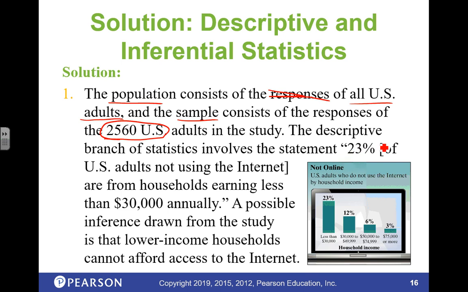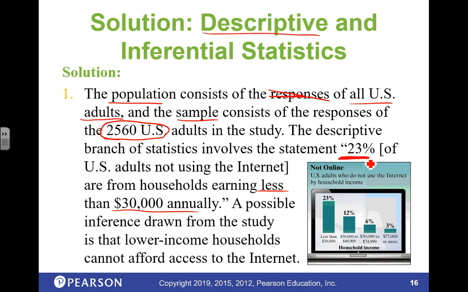So the part of this that is descriptive is when it says 23% of these adults that don't use the internet come from a household that makes less than $30,000 a year. So what is an inference that we can make? So notice there's a description.